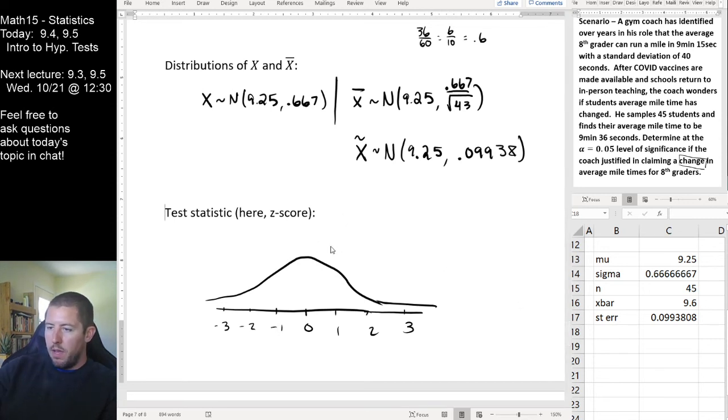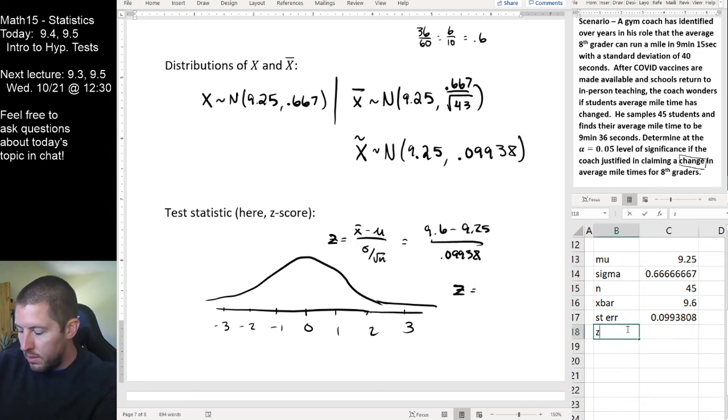Again, z equals x bar minus mu over sigma over root n. In this case, that's 9.6 minus 9.25 over 0.09938.